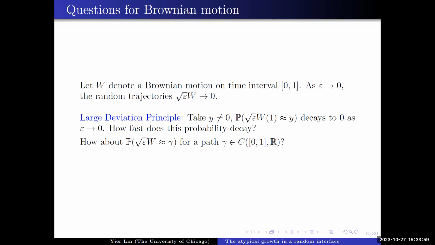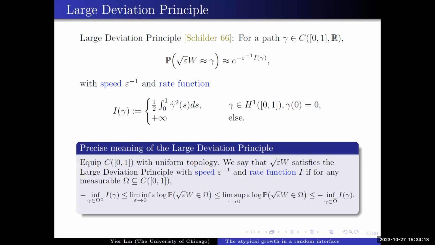More generally, we can ask how the entire random trajectory can stay around a certain path that might not be constant 0, but just some continuous path. This question was answered by Schilder in 1966. The result tells us to pick a fixed continuous path, gamma.